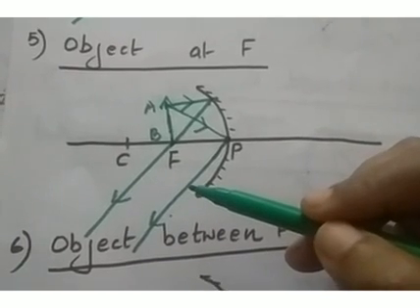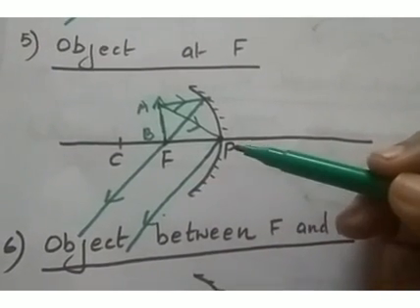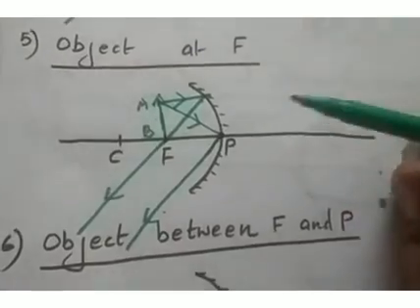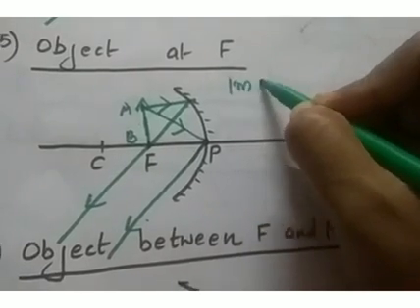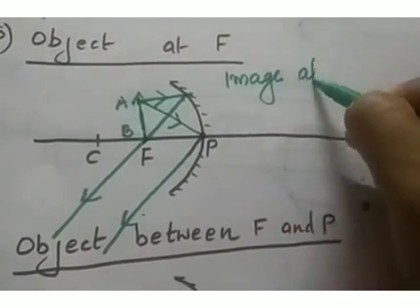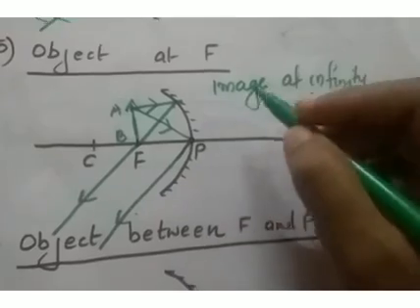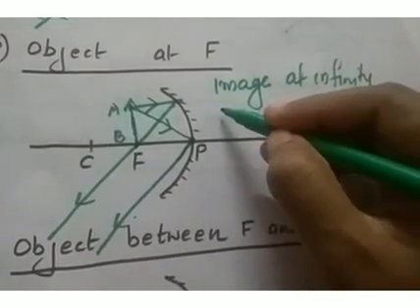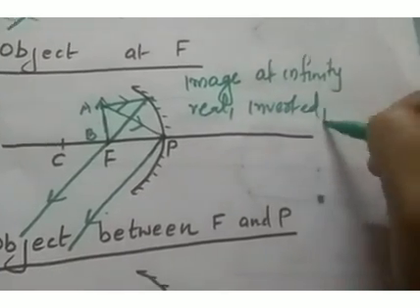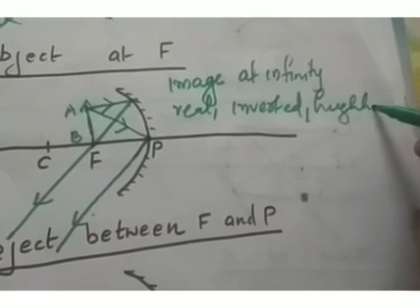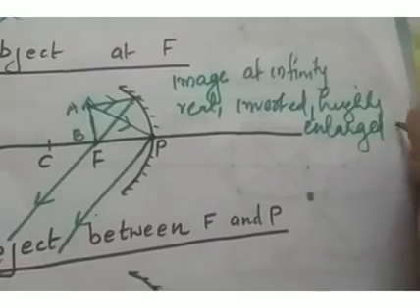It will be highly enlarged and it will be real, inverted, because the rays are assumed to actually meet at infinity. So what will be the position of the image? Image is formed at infinity when the object is at focus. And what will be the nature? It will be real, inverted and highly enlarged.